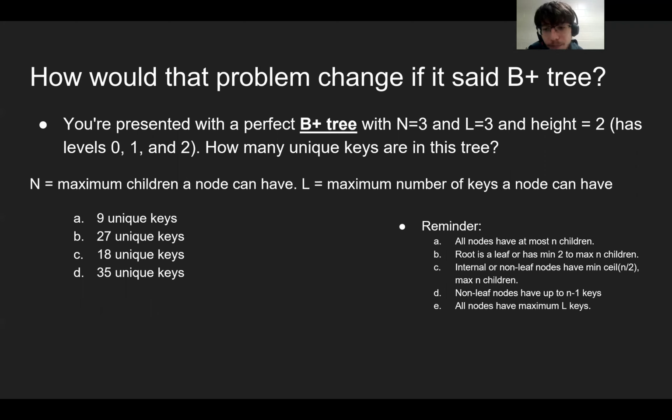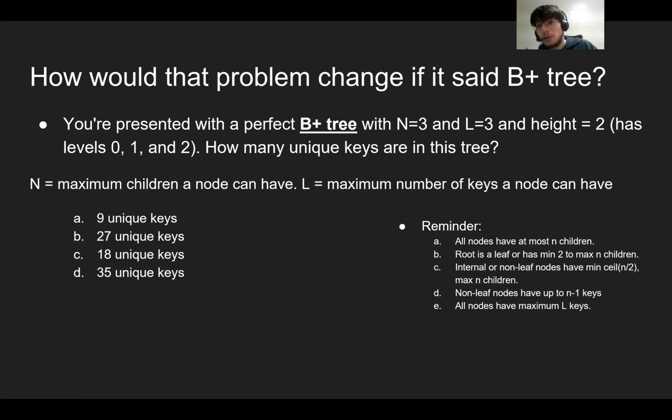Okay. Well, for a B plus tree, you can pause and think about it. Okay. For a B plus tree, remember the difference is that the internal nodes do not store data. Like they don't store actual keys. So as a result, it's still the same as the B tree.